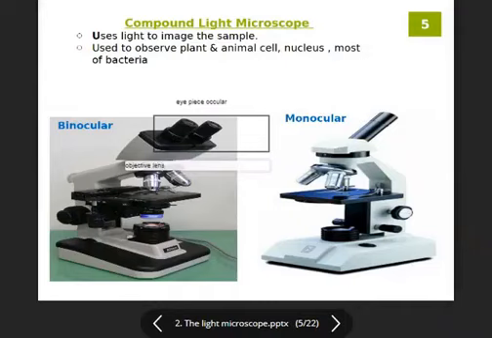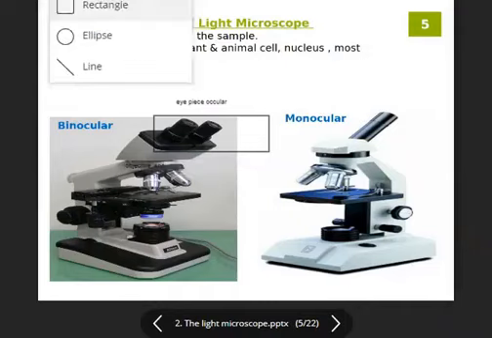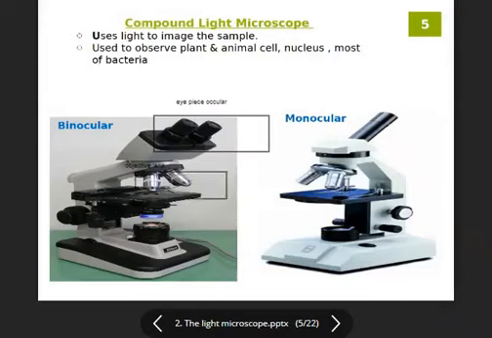So we have two lenses. This is the objective lens. These are the two lenses we have in the microscope. Both of them are convex.